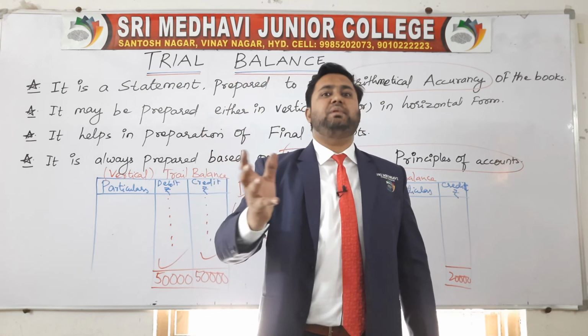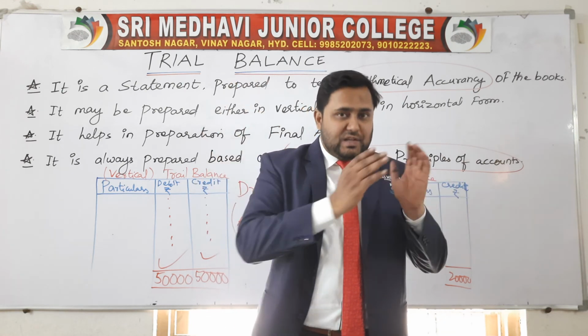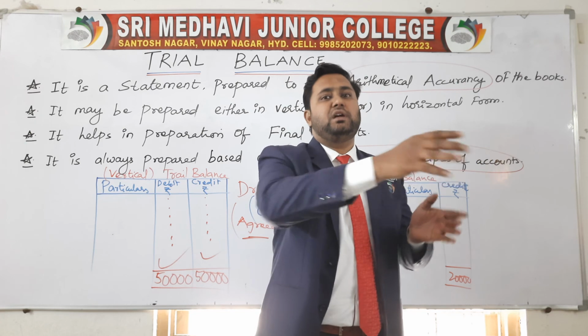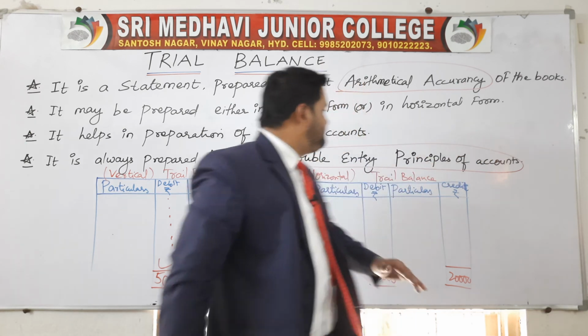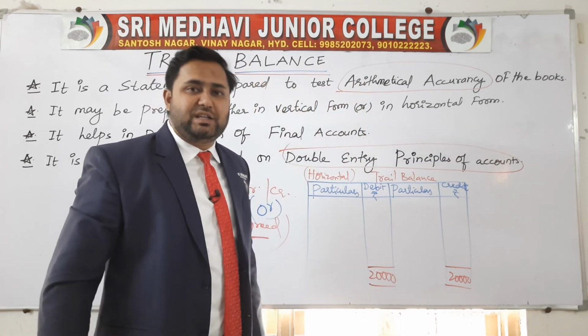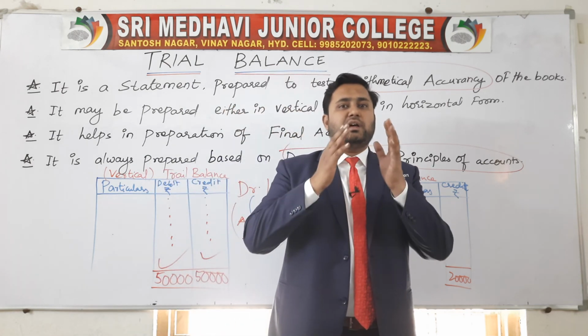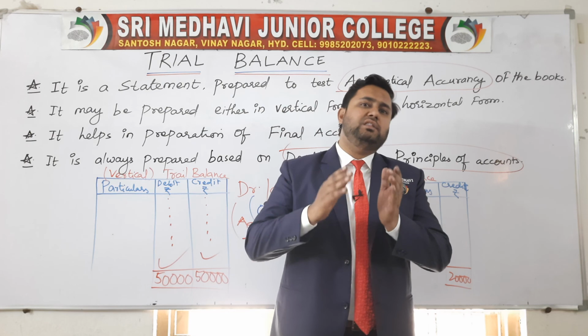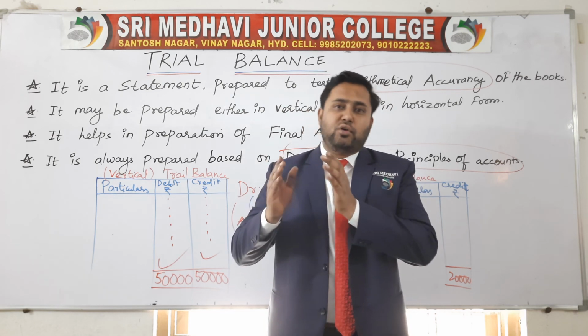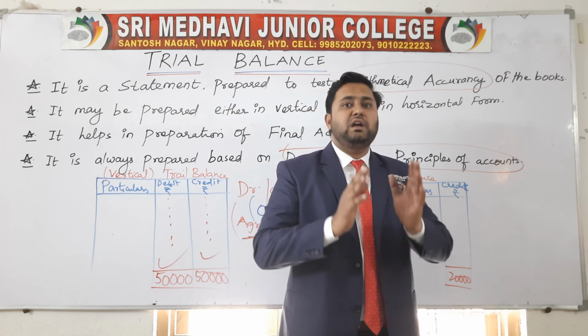So purchase is debit means sales is credit; sales is credit means purchase is debit. That is the double entry principle of accounts: for every debit there must be a credit, and for every credit there must be a debit.